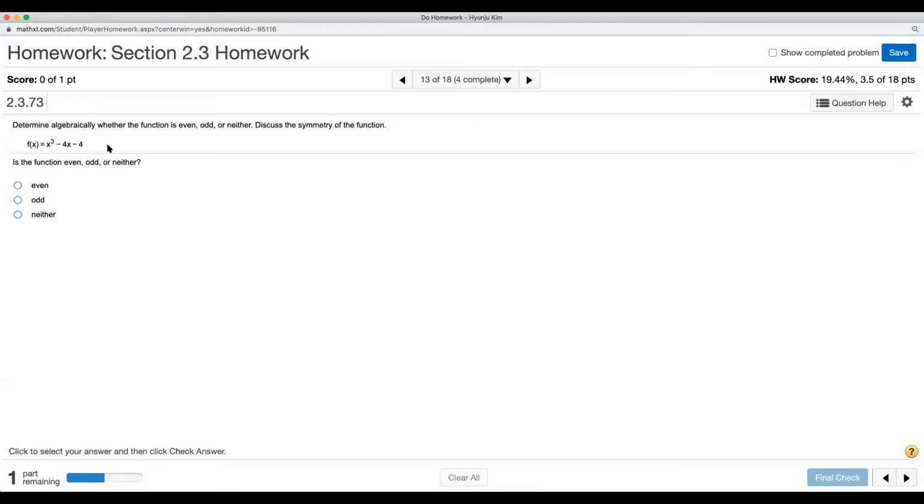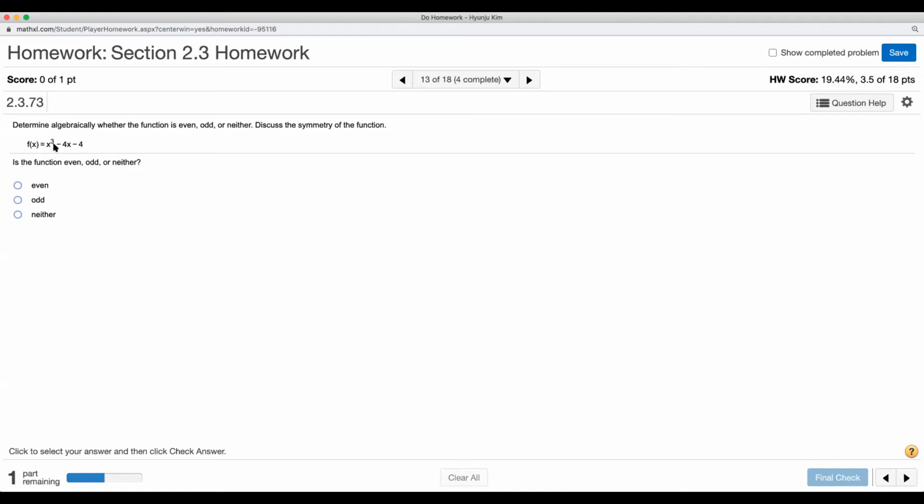Yes, when you apply that, say x cubed right there, this is an odd function. And negative 4 times x, I told you the coefficient will not affect the even or odd property. So you don't have to take care of the negative in the coefficient of x. Just look at the degree of x. 1, odd function.